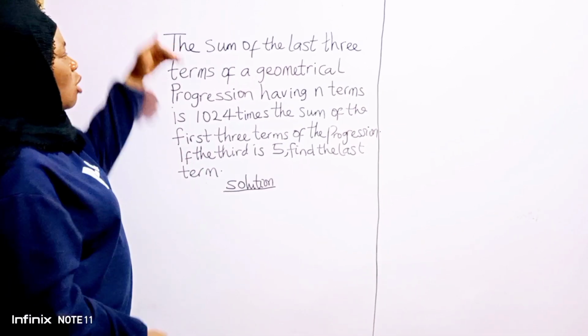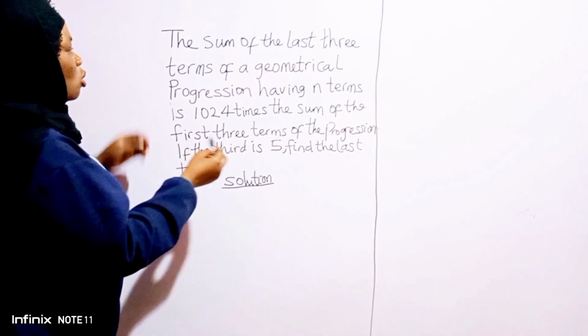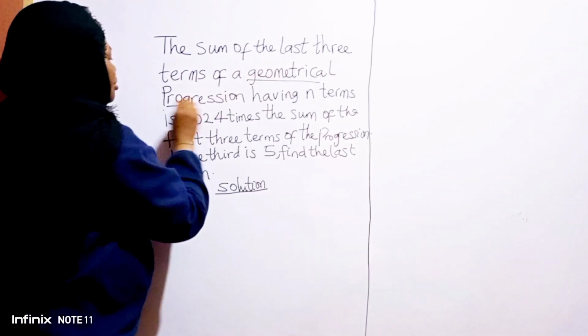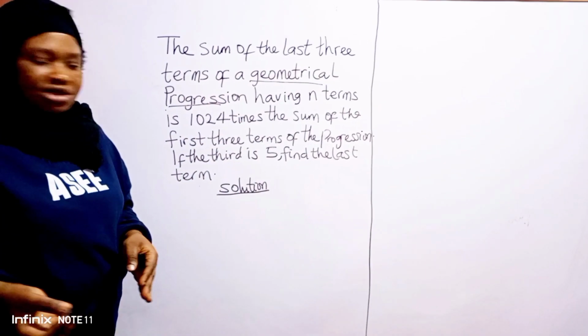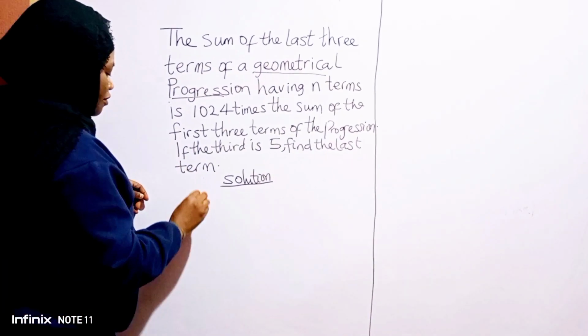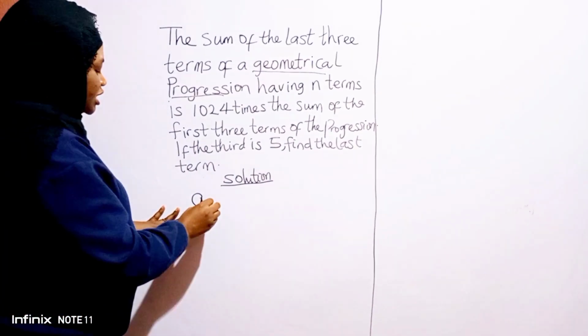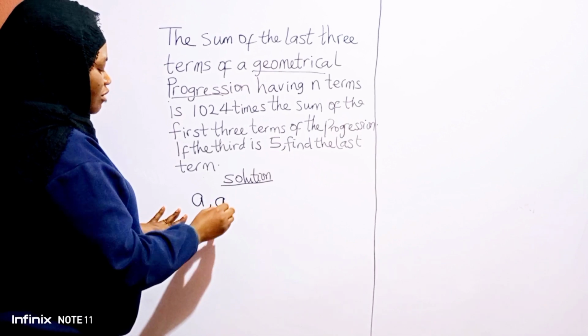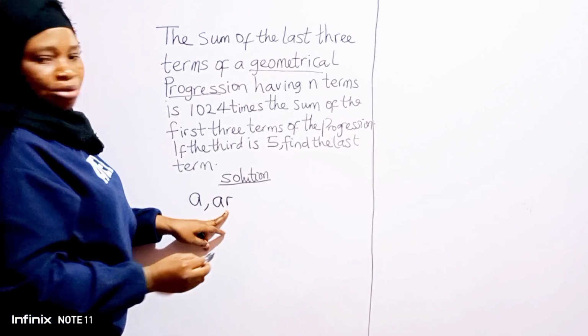Now, the sum of the last three terms. We are dealing with a geometric progression, and in a geometric progression you have the first term. So the second term will be the first term multiplied by the common ratio.